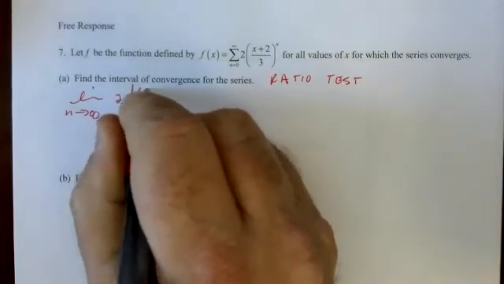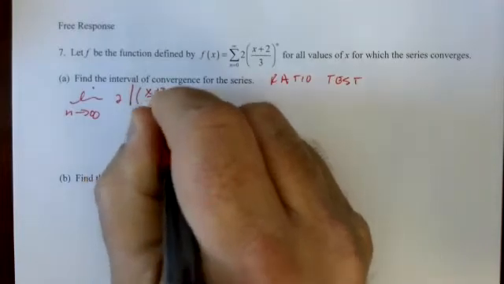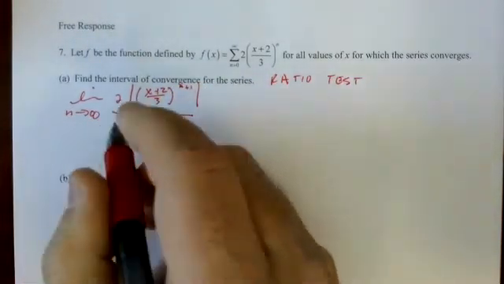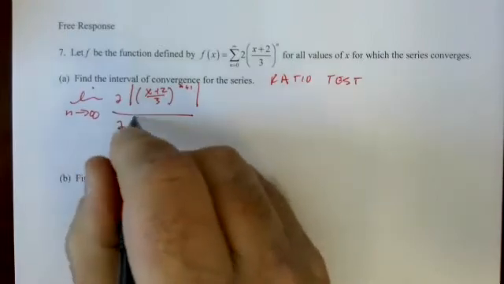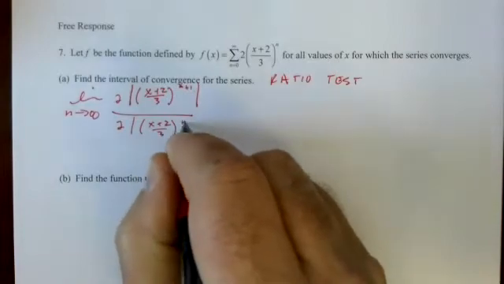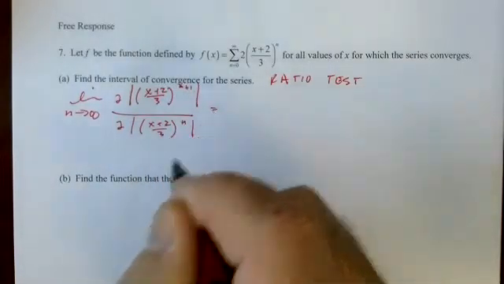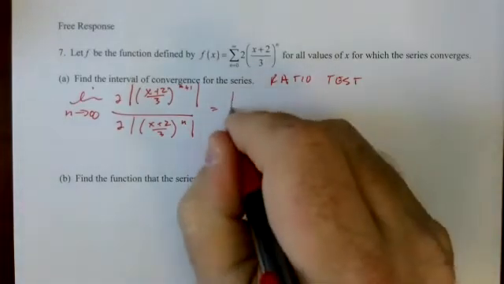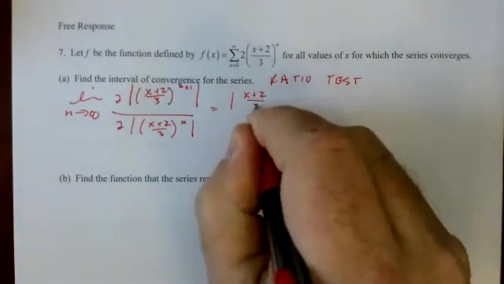Well, I don't like this at all. (x plus 2) over 3 to the n plus 1, over 2, times (x plus 2) over 3 to the n, equals (x plus 2) over 3.